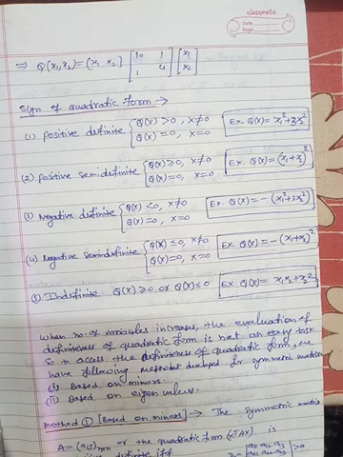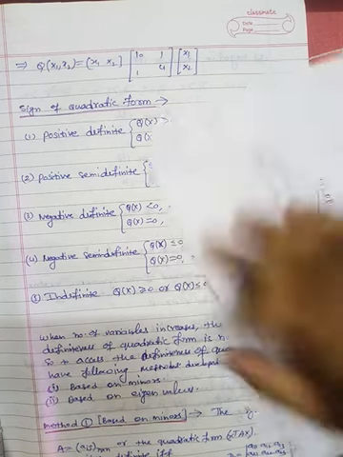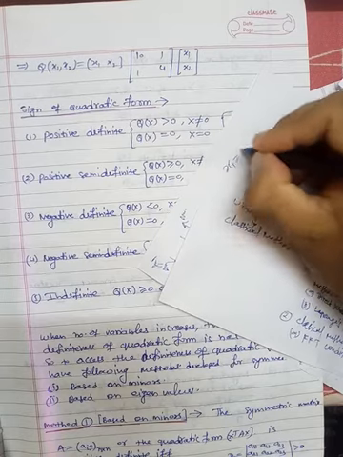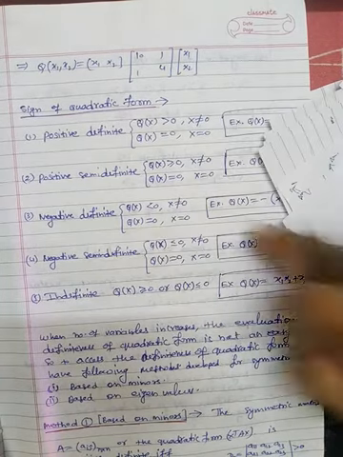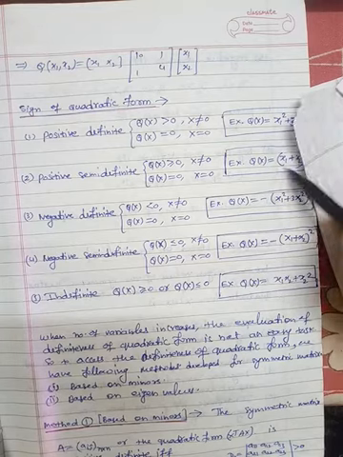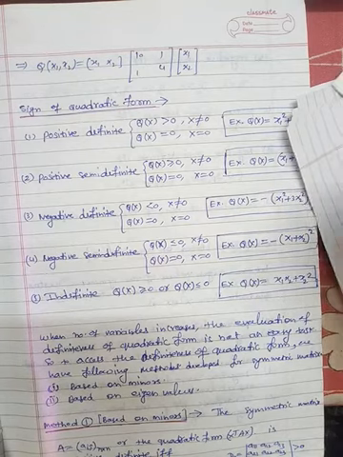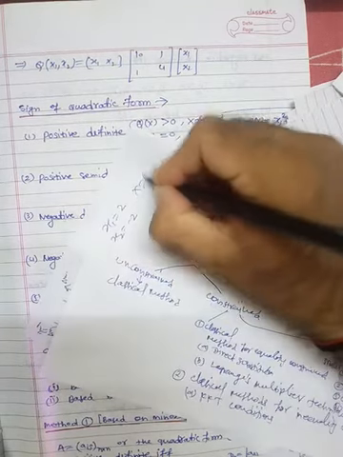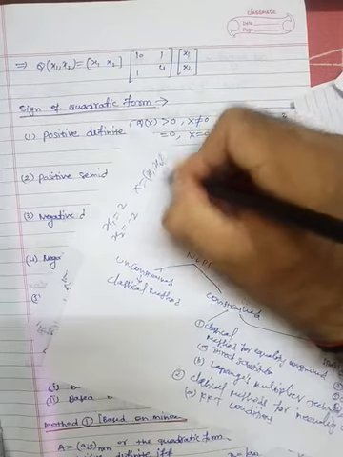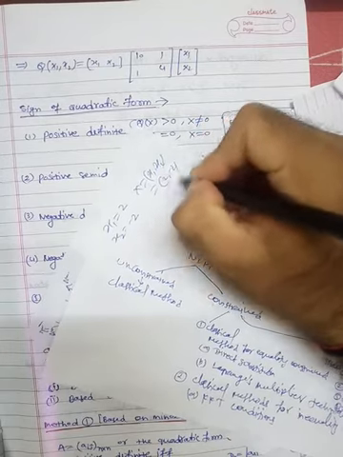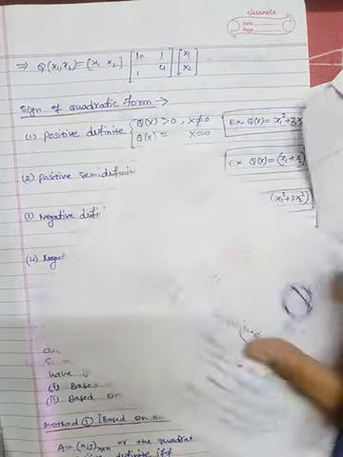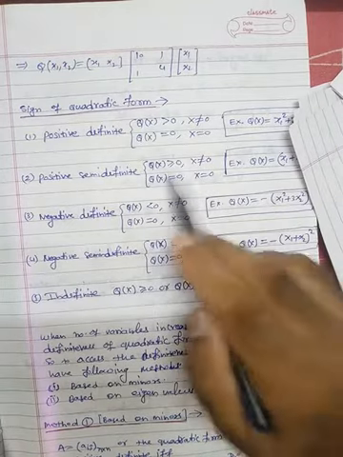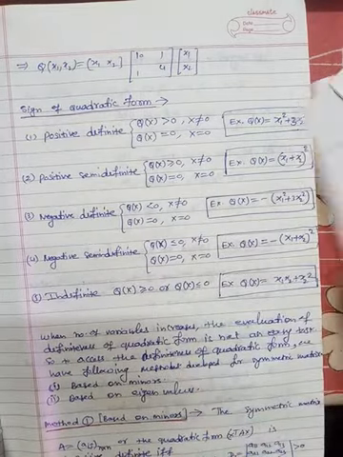For example, x1 is 2 and then x2 is minus 2. When you substitute these values here, the term will be 0, but you will see that x is x1 x2, so this is 2, minus 2. This is non-zero, and hence this condition holds. So this is positive semi-definite.